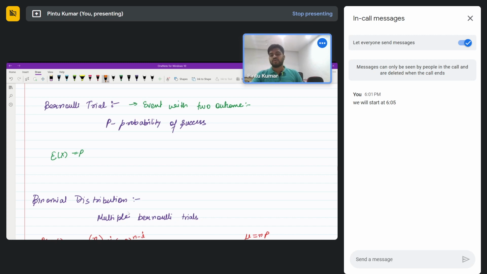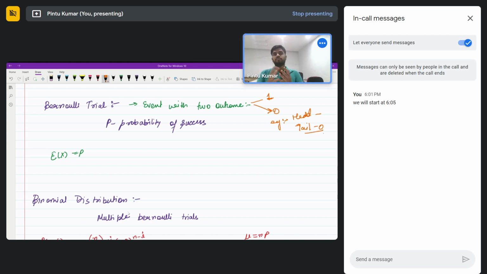If you have an event which has two outcomes, you can map one of the outcomes to 1 and map the other to 0. For example, if you get head, you map it to 1, and if you get a tail, you map it to 0.